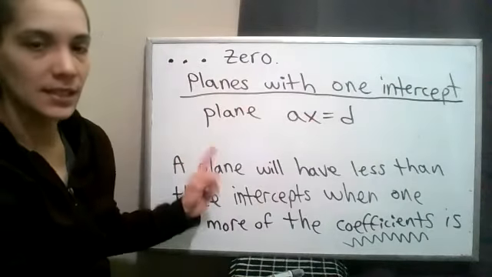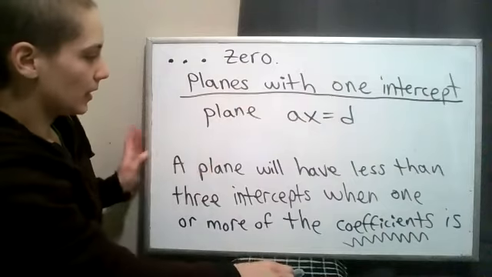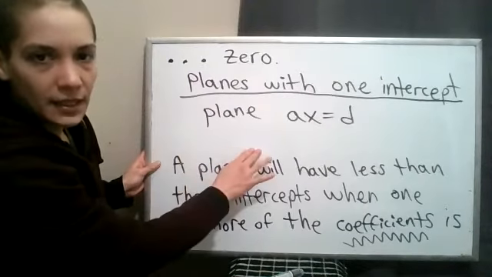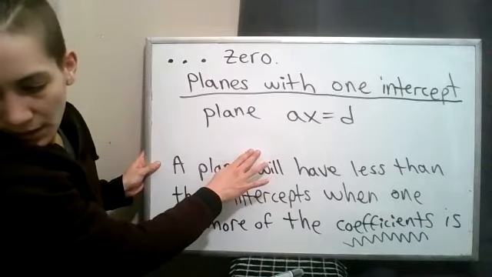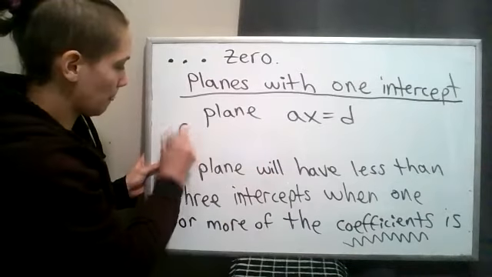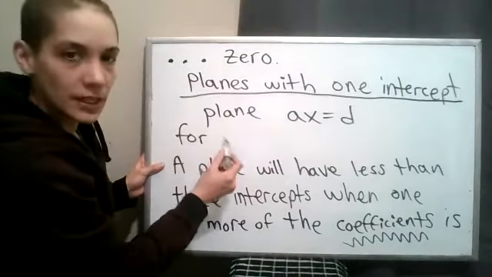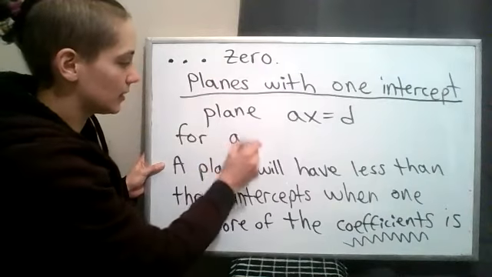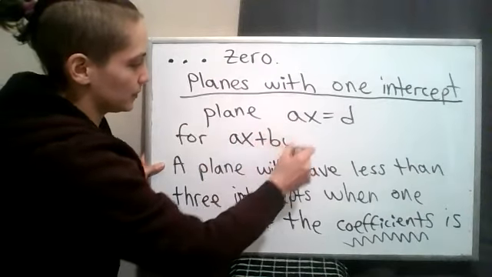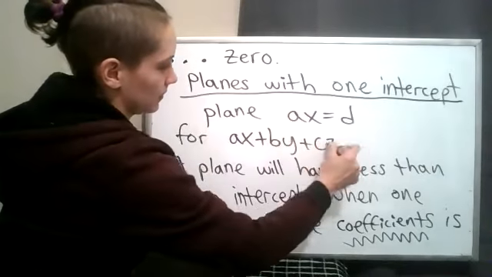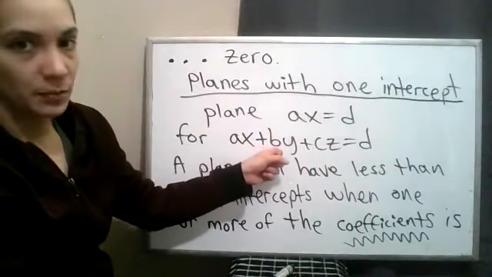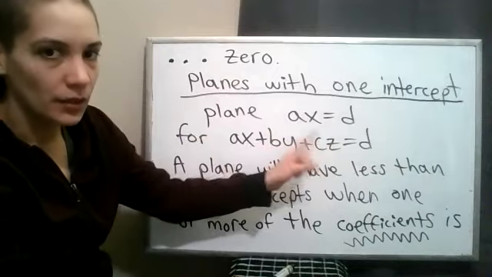So your coefficients for, well, we should put the general equation and then the coefficients. So the equation is ax plus by plus cz equals d. That means the coefficients b and c are equal to 0.